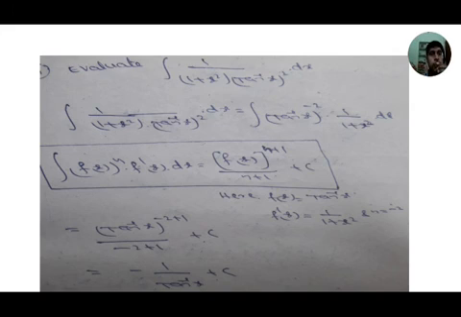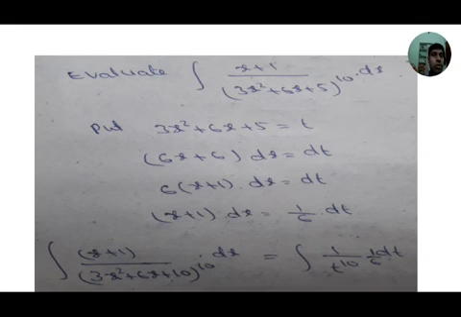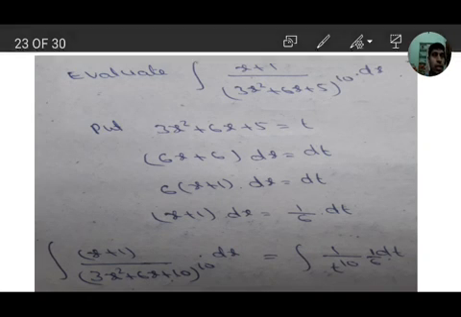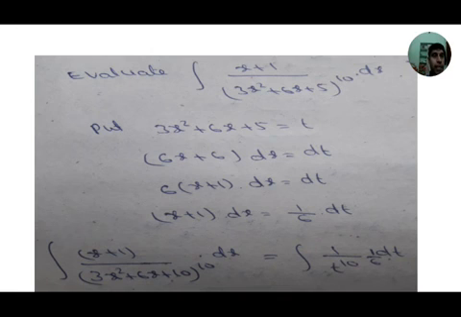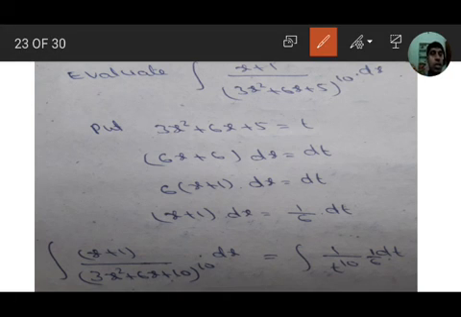So here substitution: if we observe, the function 3x square plus 6x plus 5 equals t.